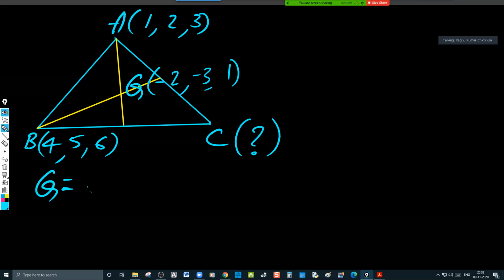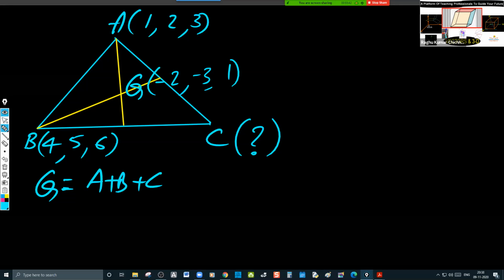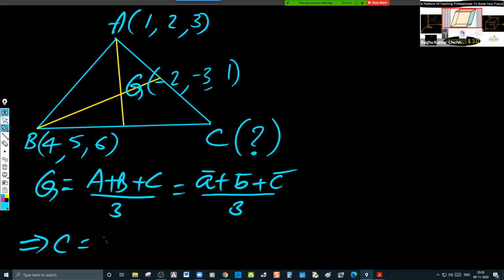Straight away write them as A plus B plus C by 3, which you do in vectors. In vectors, it is taken as A bar plus B bar plus C bar by 3. So indirectly it is a vector method. Now what I want is C. Now this becomes 3G minus A minus B. What is 3G?